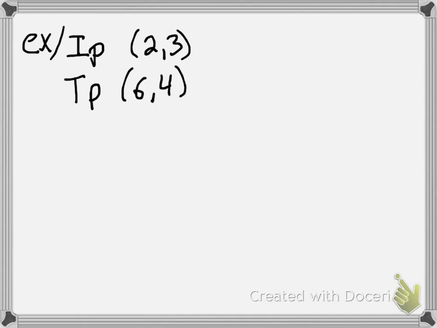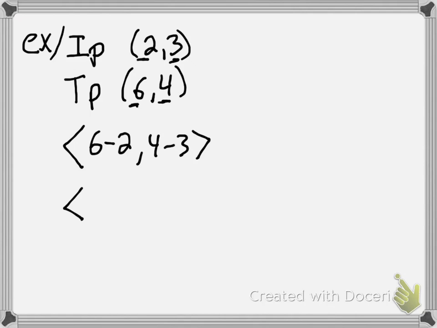Well, if I want to find the standard position of our vector, all we got to do is go through and do our 6 minus 2, and then we do our 4 minus our 3. So our vector in standard position would be 4, 1.